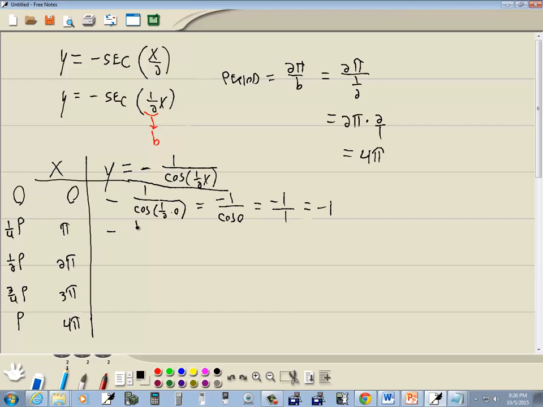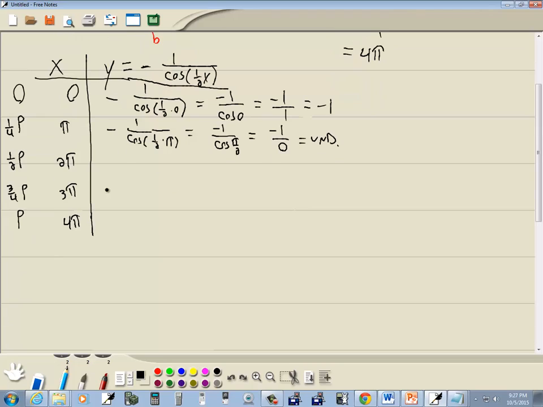Now if I put pi in there, I get negative 1 over cosine of 1/2 times pi, which gives us negative 1 over cosine of pi over 2. Cosine of pi over 2 is 0, so that's undefined. If I plug in 2 pi, I get negative 1 over cosine of 1/2 times 2 pi, which gives us negative 1 over cosine of pi.